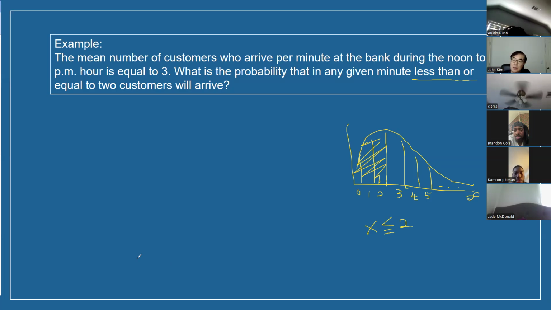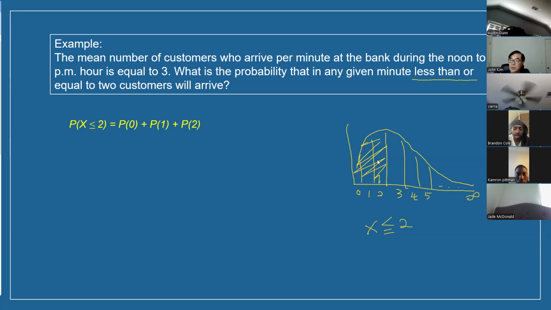To calculate this less than or equal to, we need P(X = 0), P(X = 1), and P(X = 2).